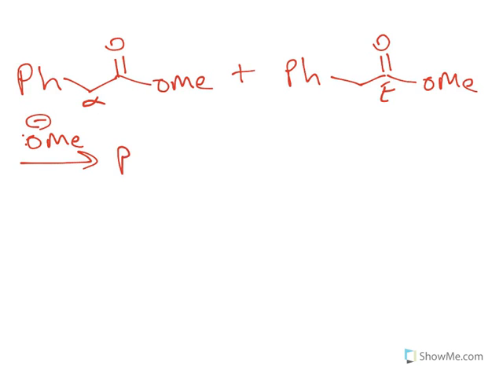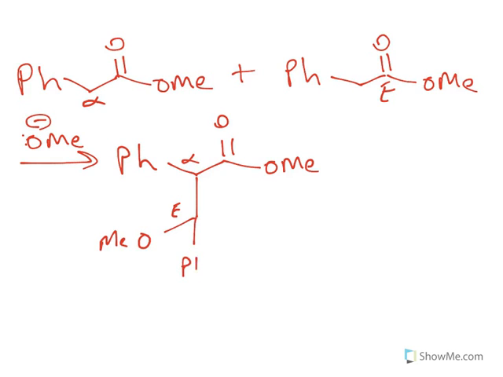So when I do that, so there's my alpha, and here's E. All right, so what is E going to have on it after it gets attacked? An OMe, a Ph, oops, sorry, a CH2Ph, right? 1 carbon to the Ph, okay? And then we have our O minus.